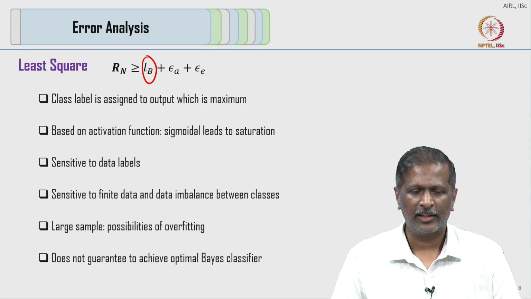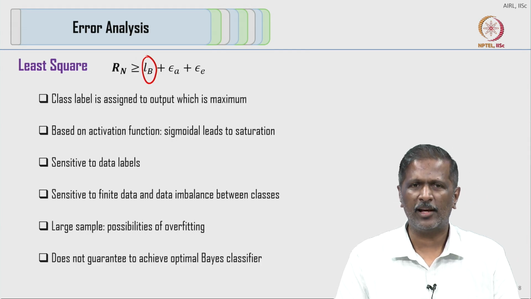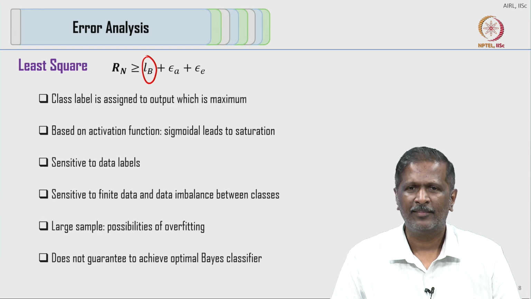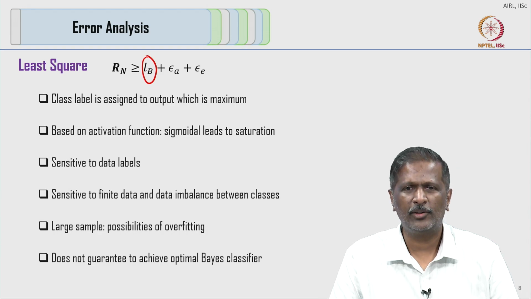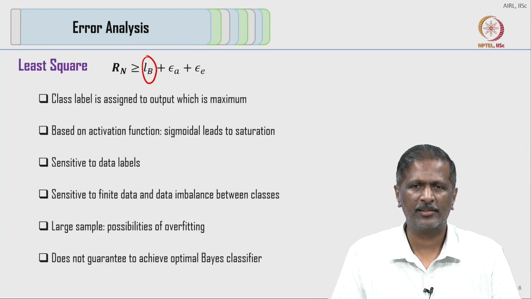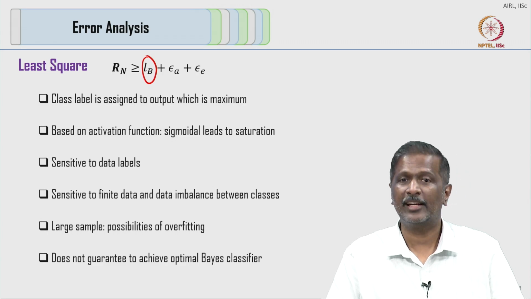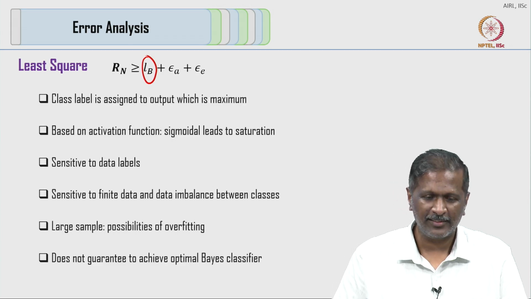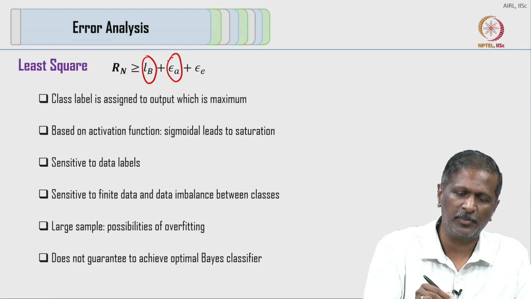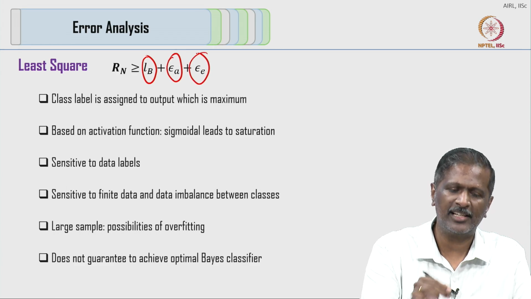Your network loss Rn will always be greater than or equal to L beta. You can never be less than the optimal Bayesian classifier, which is the ideal classifier. Plus you will have an approximation error, and you will also have an estimation error.